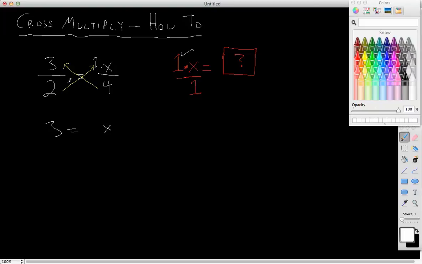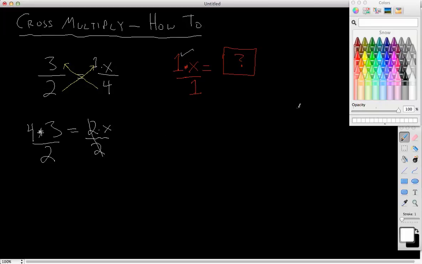You would bring this 2 up and across the equal sign, and you would have the 4 up and across the equal sign, so that would be multiplied by 4 here. Now if you do that, look at this, you have this 2 in front of the x, and you no longer have this nice 1 here to solve for x. So what you would need to do is divide out the 2 again to cancel. And if you do that, what happens is you end up with the 2 exactly where it originally was.